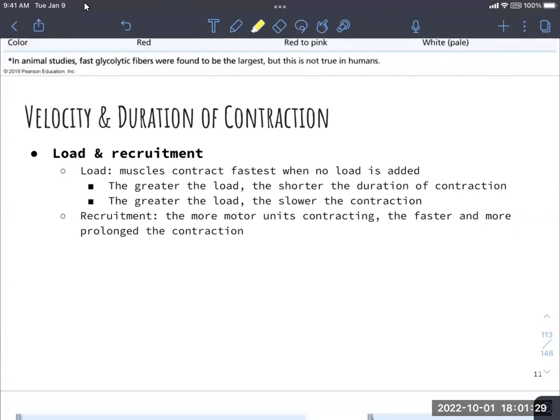But the more motor units that are being recruited to this contraction, the faster the contraction will happen. One motor unit versus, say, 100 motor units. 100 motor units is going to contract a lot faster and it's going to hold a lot longer than, say, one motor unit, one set of muscle fibers.